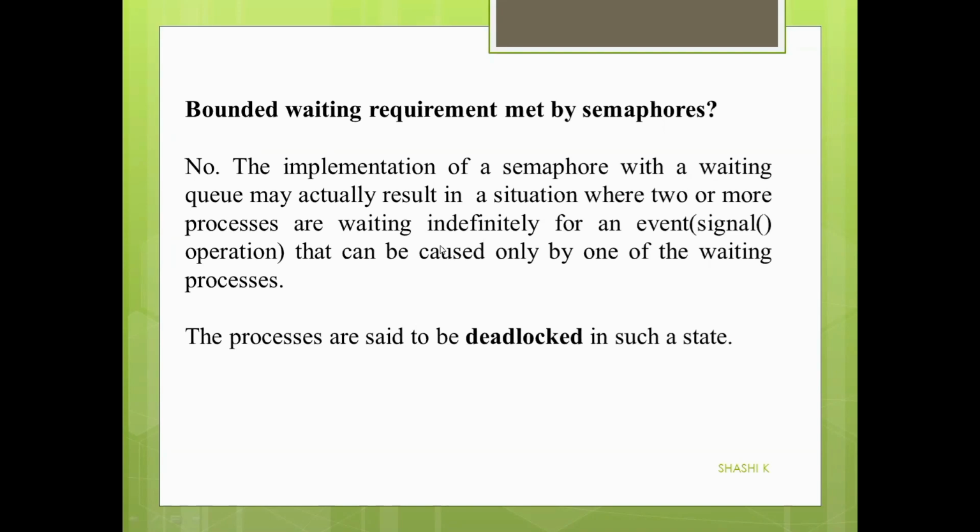If P0 once again requests entry to the critical section, as usual it will try to make the value of the semaphore 0 and enter the critical section. Now, there is no guarantee that P0 will not get the chance again. P0 may or may not get the chance again, depending on the state of the operating system. So here the bounded waiting requirement is not met.